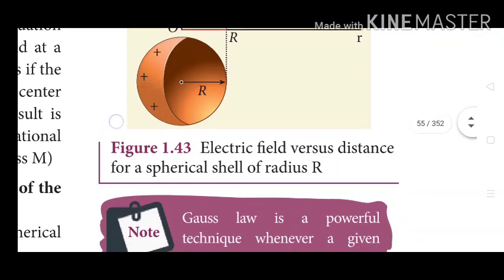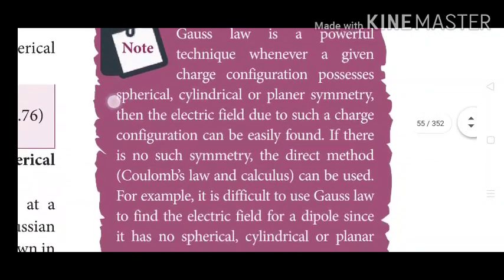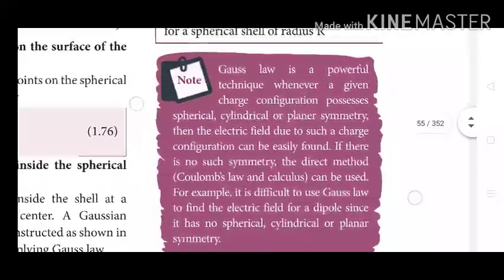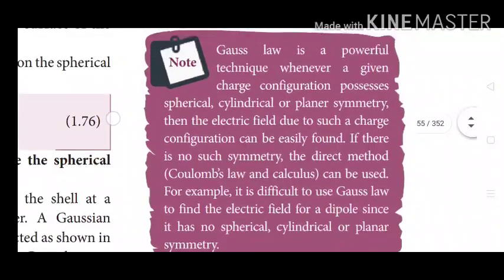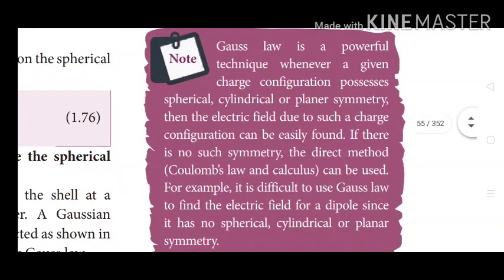And also we should understand the concepts by reading this note. Gauss law is a powerful technique whenever a given charge configuration possesses spherical, cylindrical or planar symmetry. Then the electric field due to such a charge configuration can be easily found.